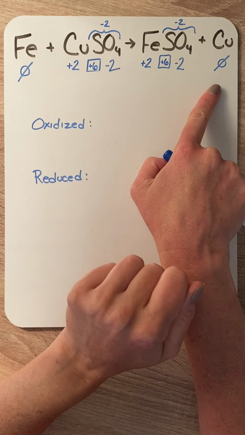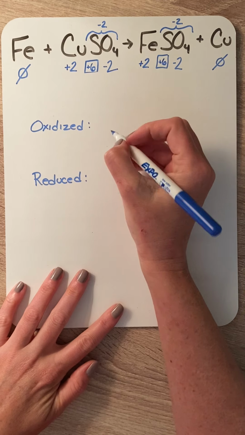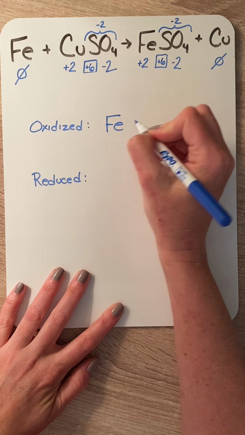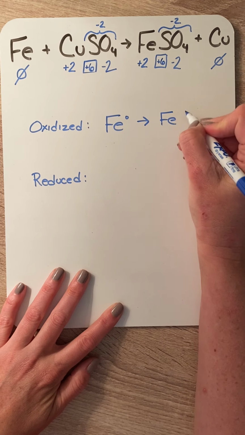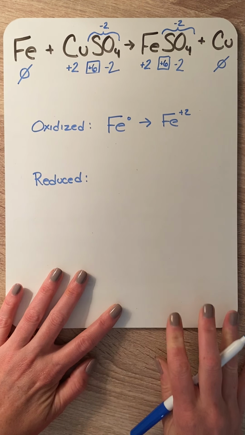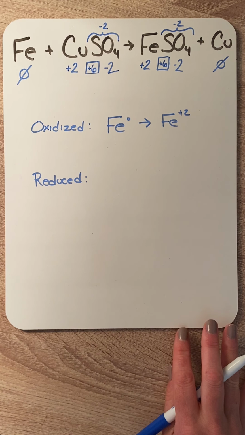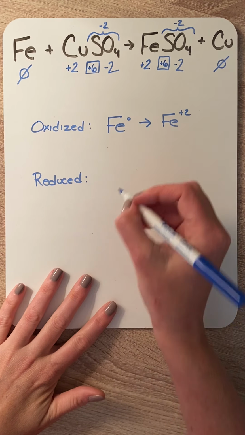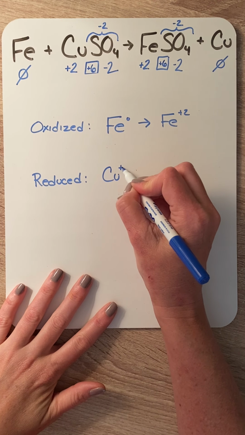So which one gets more positive? The iron. Iron goes from 0 to +2. Okay? Goes from 0 to +2. The copper goes from +2.